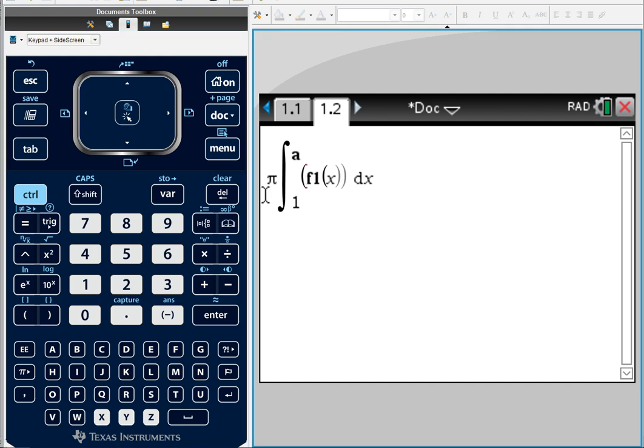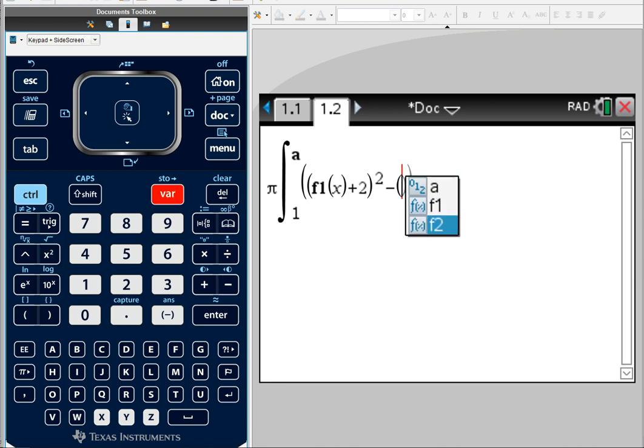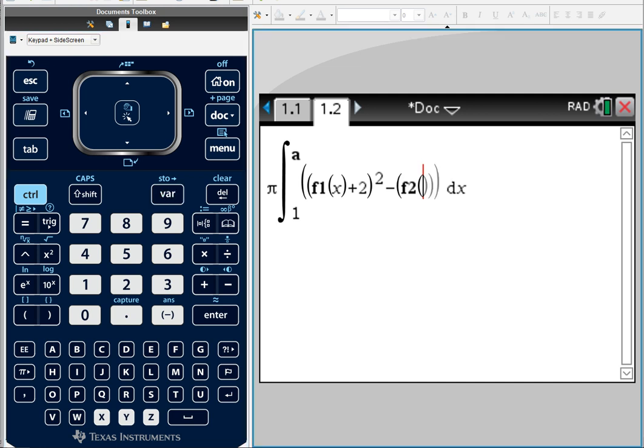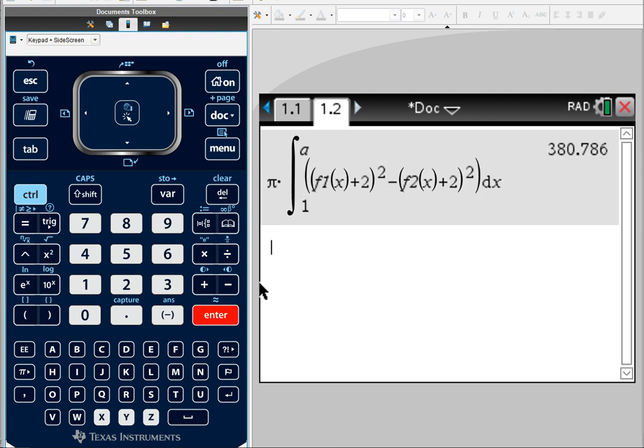So open parentheses, f1 of x plus 2, that's squared, minus another open parentheses, var f2, that was our exponential one, to the 0.6x, of x plus 2 squared. And thus we get the same thing, 380.786.